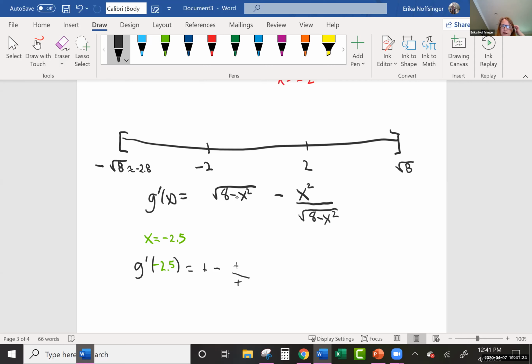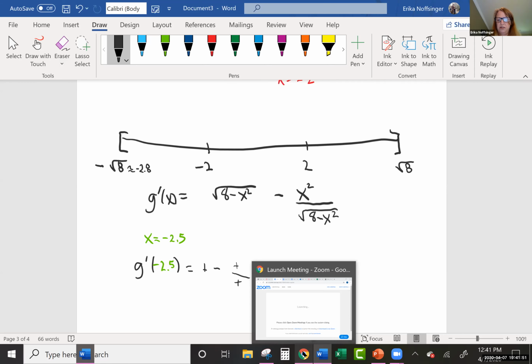Which number is bigger? Well, this would be the bigger number, right? Because you're dividing maybe. Okay, so I was trying to do all the reasoning without having to plug it into the calculator.